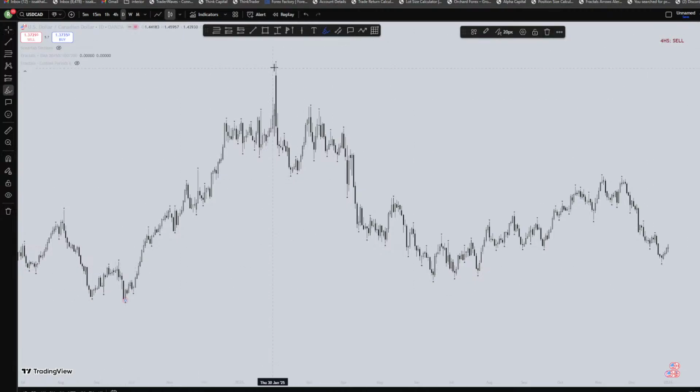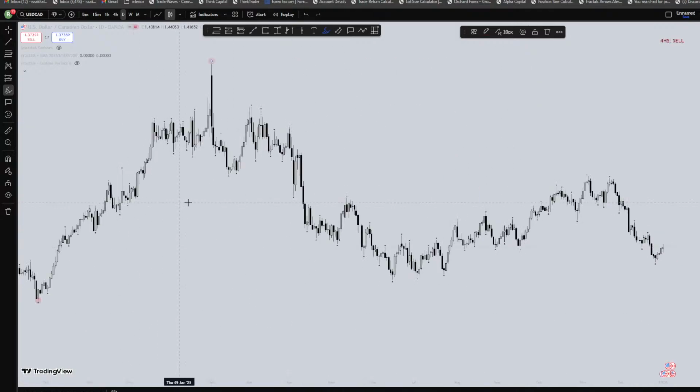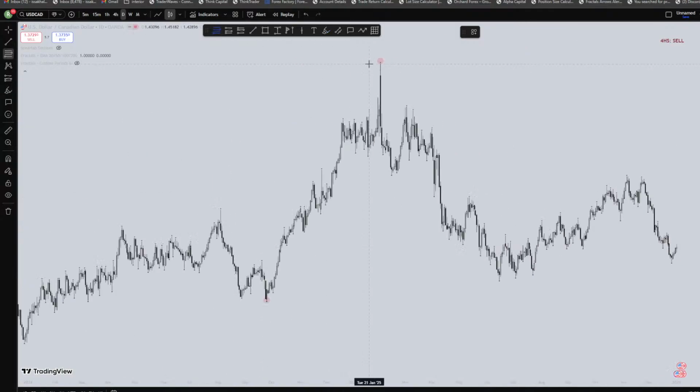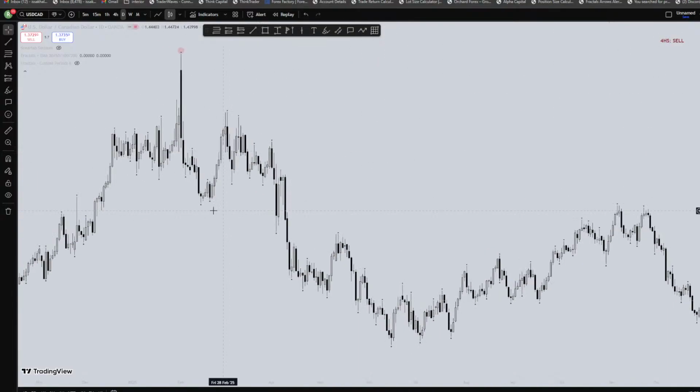But we can definitely tell that this is a swing point, never been touched before. So if we have this is 0.29, it's sort of trying to figure things out.